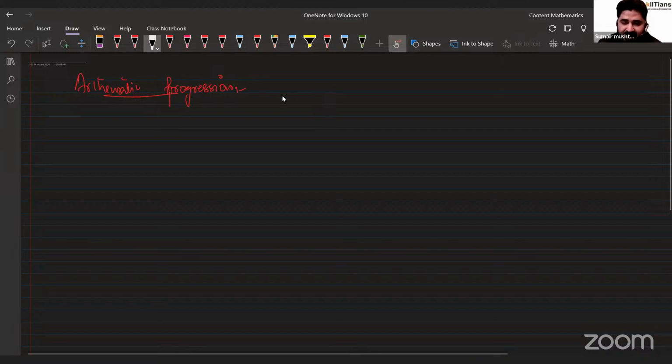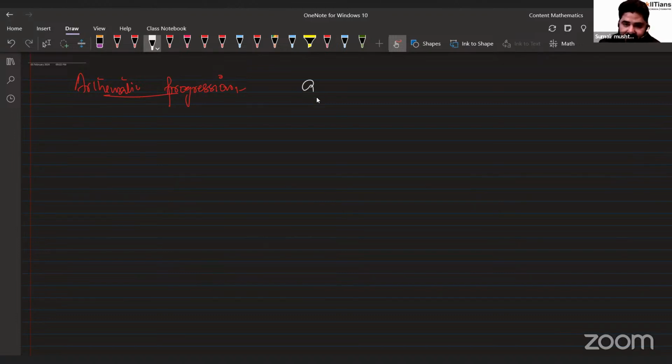It is a sequence of the form A1, A2, A3, A4, and so on. Now, what is the property that tells us this sequence is an arithmetic progression? The difference between the succeeding term and the preceding term is always constant.